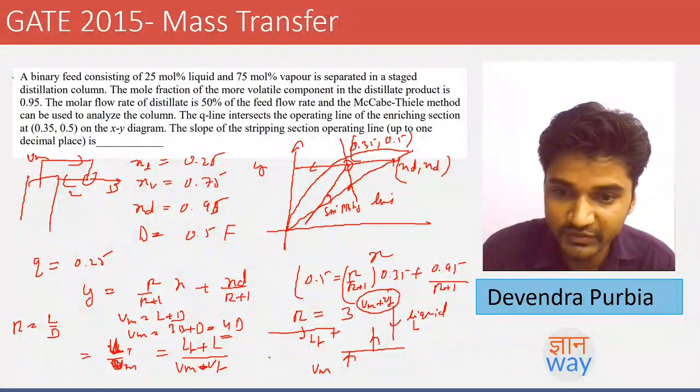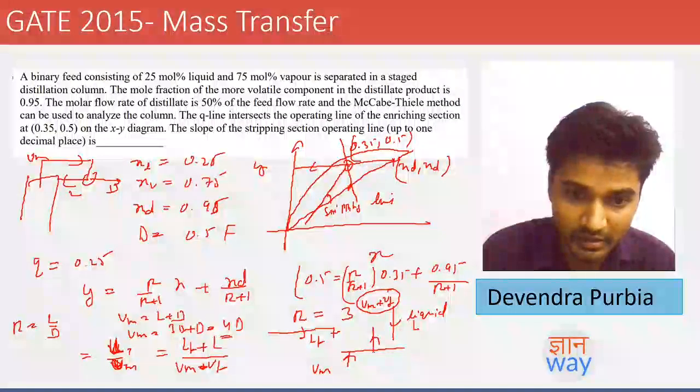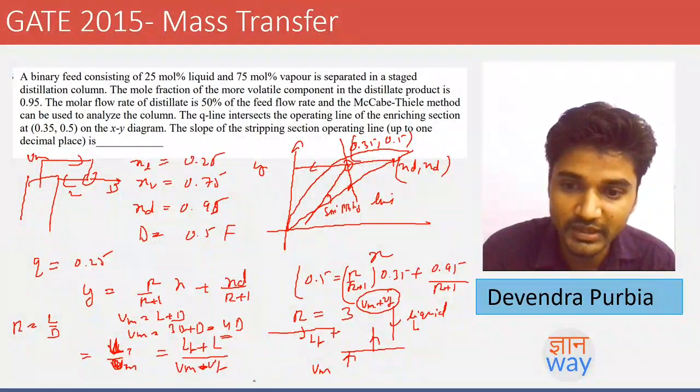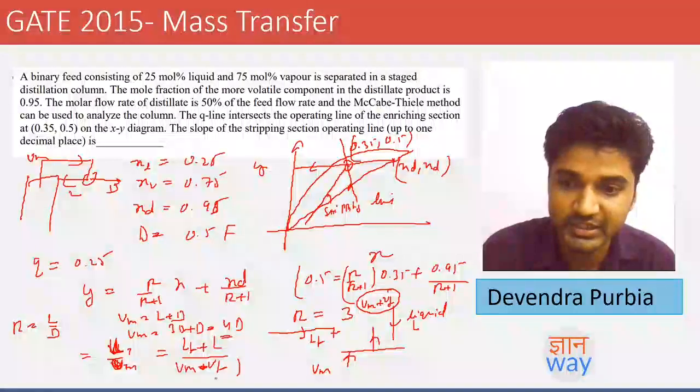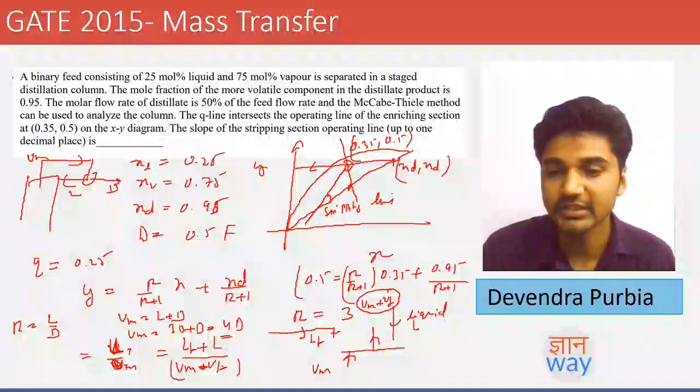So this Vm at the bottom section will be Vm minus Vf. So the slope is (LF plus L) upon (Vm minus Vf).